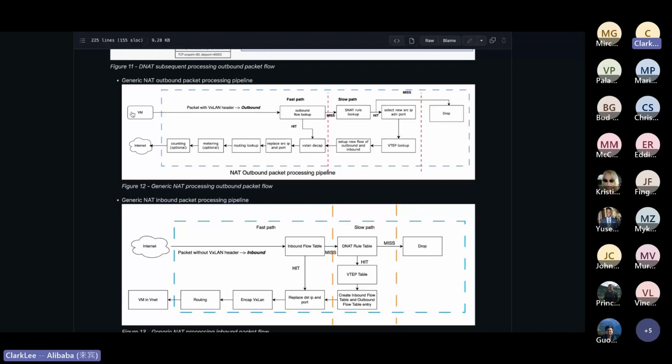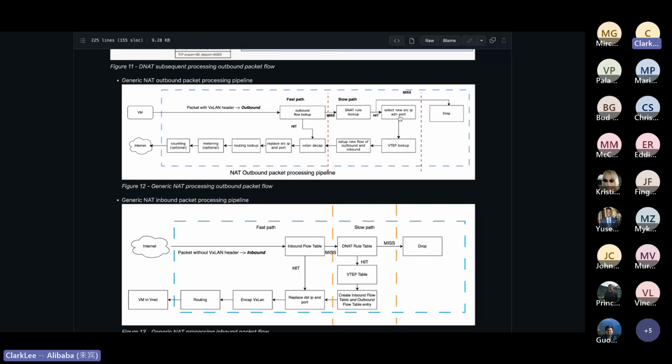When the VM sends traffic out, it will look up into this table, and if it gets a hit, it goes through the fast path. If the lookup misses, it will go through the slow path to check the SNAT rules, and if the lookup hits, we select the source IP and port.